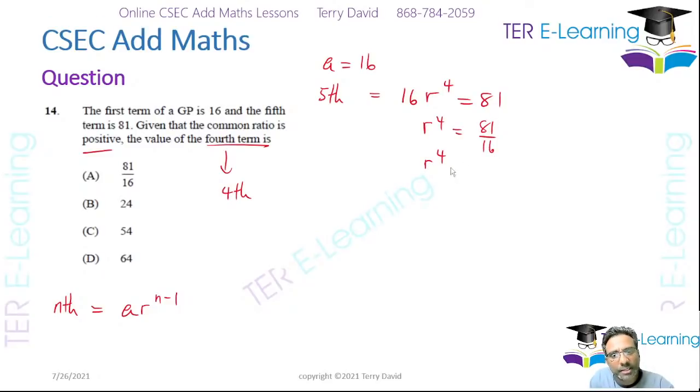So therefore, R to the power 4, let's work that out. 81 over 16, right? You're going to get a fraction.